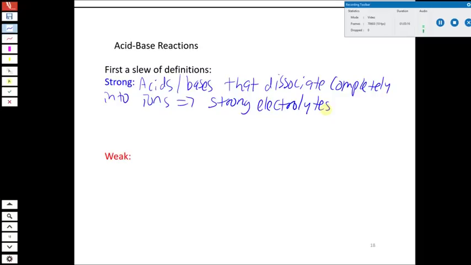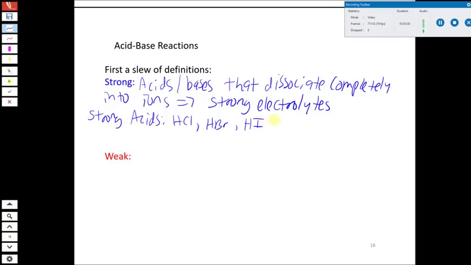So the strong acids that we need to be familiar with, there are about 6 of them. It's not too many. Most of the halogen acids, the hydrohalic acids, HCl, HBr, and HI, so those are all group 7 acids, except for HF, all those are strong. Chloride, bromide, iodide are strong acids.